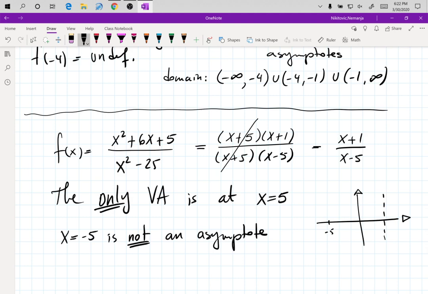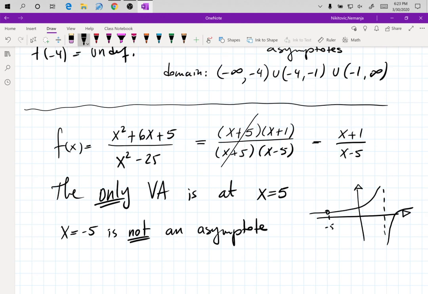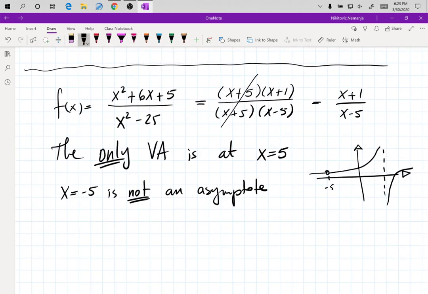So at -5, you would have an open circle of some kind, like this. So the function might look something like this. It goes through the open circle there, and then follows like this. So these asymptotes are also guidelines on how to graph. Actually, this one will cross the x-axis and go this way. It's fine. We'll figure those things out later when we do graphing.